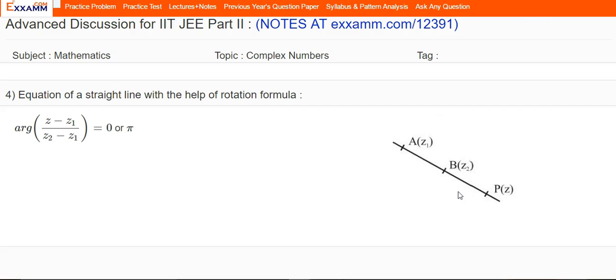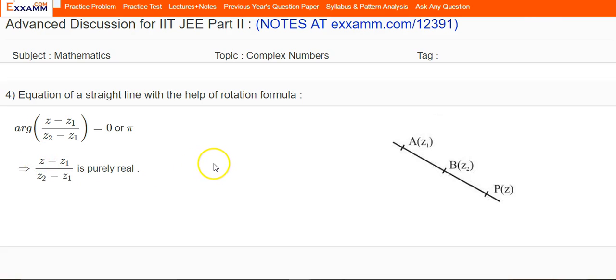So what does it mean? If the argument of a complex number is 0 or pi, then that number is purely real. When it is purely real, this complex number, which in this case is (z minus z1) upon (z2 minus z1), would be equal to its conjugate. Suppose this number was equal to alpha plus i beta.